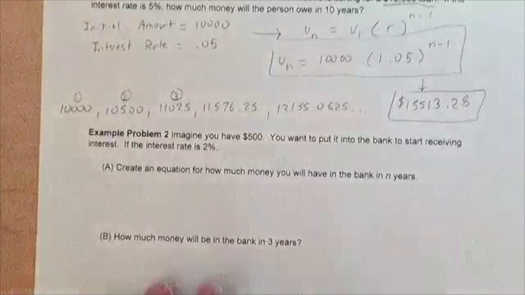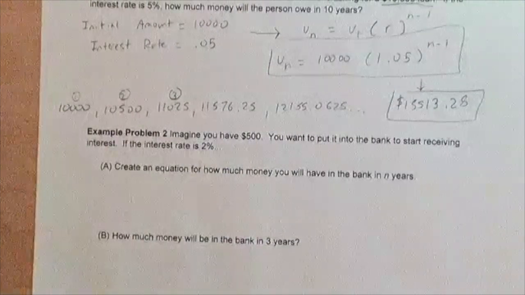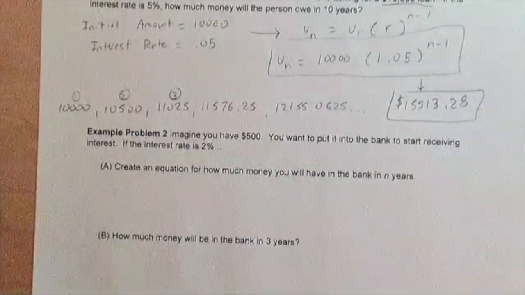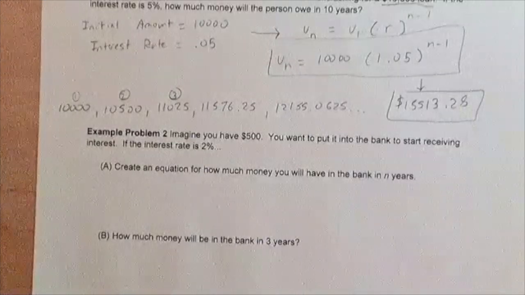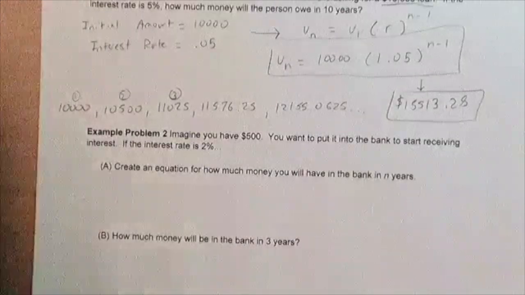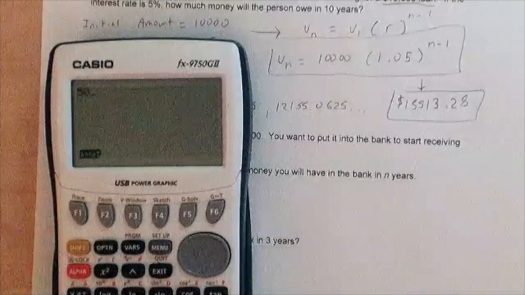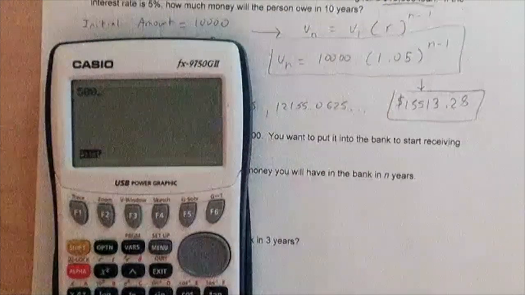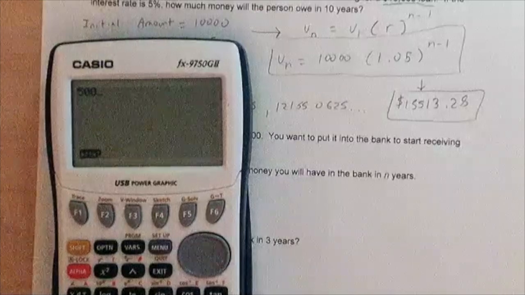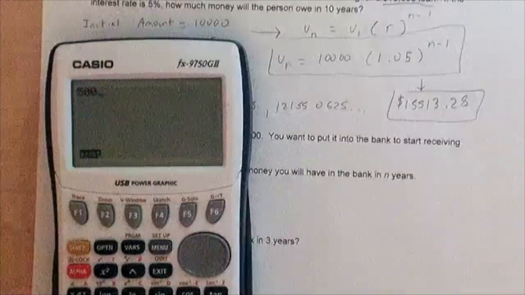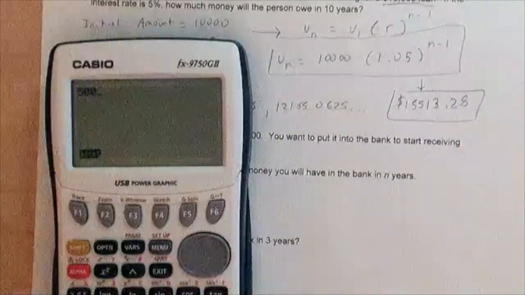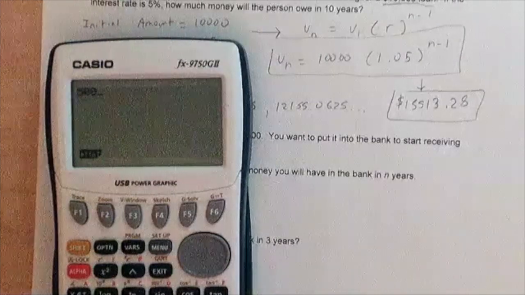And we can flip this, right? So for 2, it says, imagine you have $500. You want to put it into the bank to start receiving interest, and the interest rate is 2%. So another thing to know, and something probably adults tell you all the time, but you're like, I don't even have money to begin with, is that if you put money into the bank, you get more money from the bank in the future because the bank is going to use your money for other stuff, right?